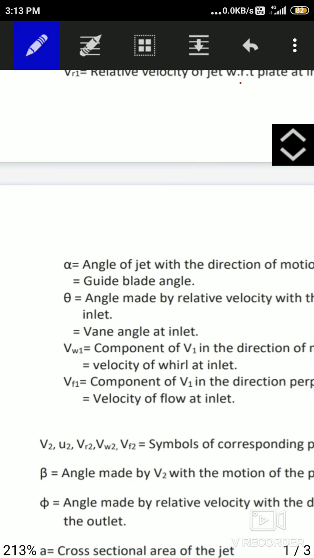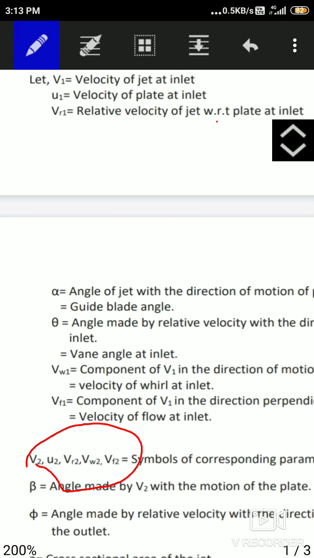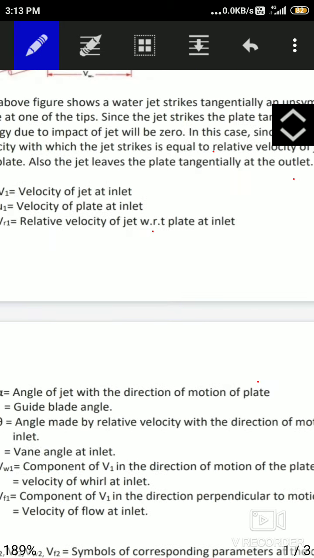And V2, U2, VR2, VW2, VF2, these symbols represent corresponding parameters at the outlet.